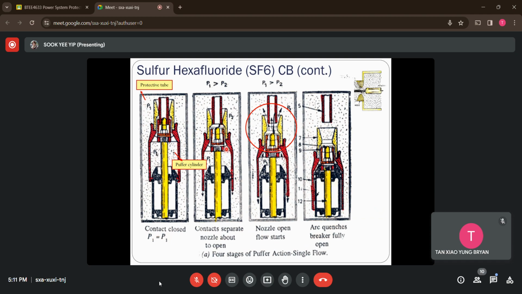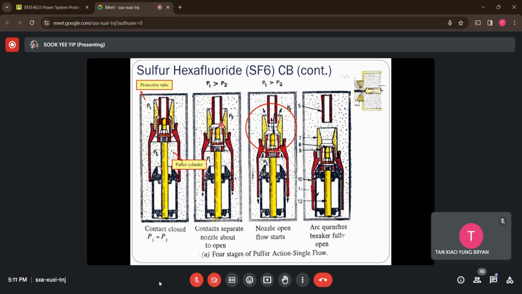So what happens if we go to the second stage? During a fault, this is the fixed contact and this is the mobile contact, touching each other under normal conditions. What happens if the mobile contact starts to move downwards after getting a signal from the relay?